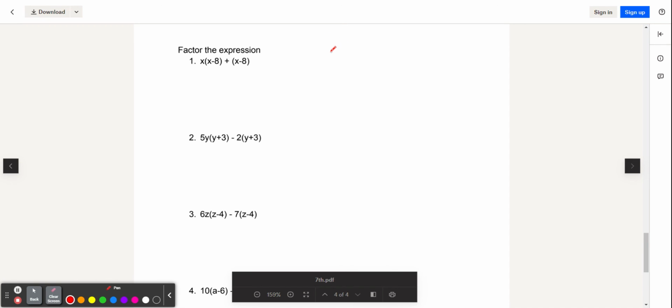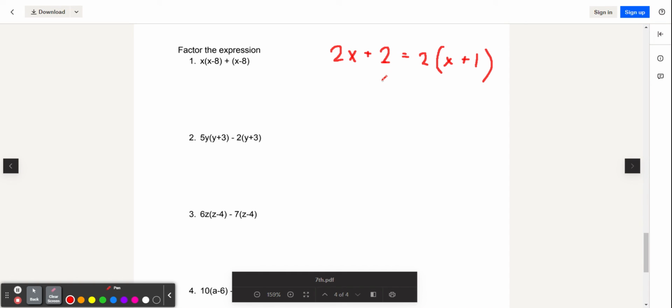For instance, at 2x plus 2, we could factor out the common factor 2 from each term, which means the 2 goes outside, and inside the parentheses we're left with what's left. 2x divided by 2, because we factored out the 2, is x, plus 2 divided by 2 is 1. This is called factoring.